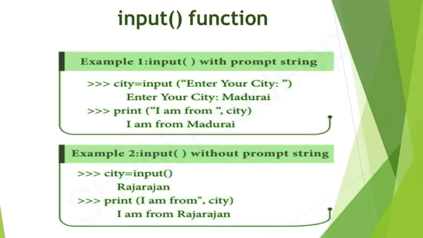For variable city, you have entered your name. So this is unmatched data for this variable city. So when you print this statement, you will get the output I am from Rajarajan. This is unexpected output. Okay. So if you are not giving prompt string in the input function, you will get unexpected results like this.